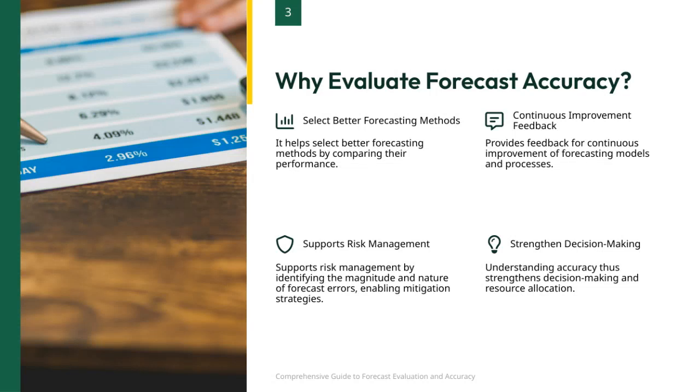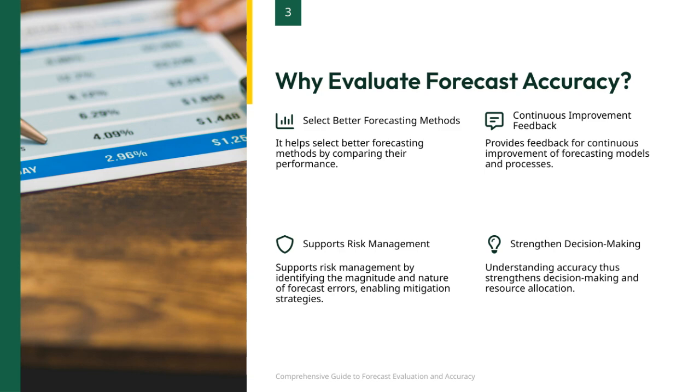Evaluating forecast accuracy is crucial for several reasons. First, it allows us to compare different forecasting methods and choose the ones that perform best. This ensures we're using the most reliable tools available. Second, by measuring accuracy, we get valuable feedback that helps us continuously improve both our forecasting models and the overall process. Third, it plays a key role in risk management.